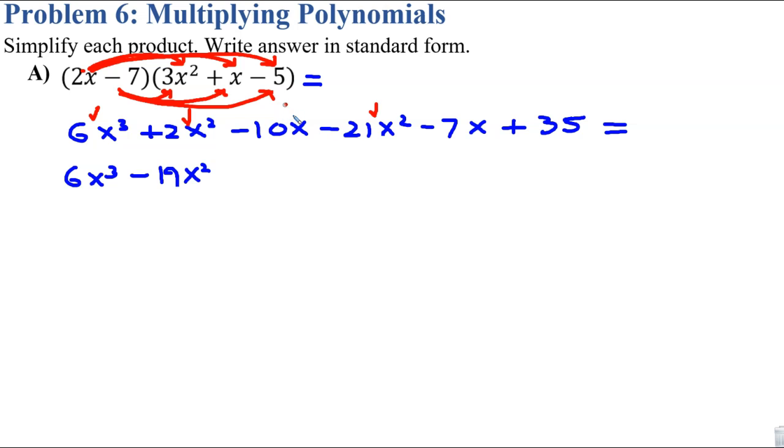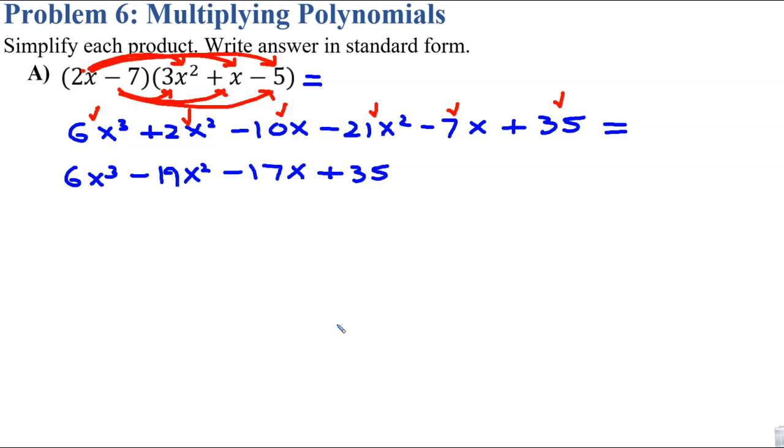We then have a negative 10x and a negative 7x, which you can combine as a negative 17x. And then last thing, our constant term, we've got the plus 35. All right, so there's my polynomial, all multiplied out in standard form.